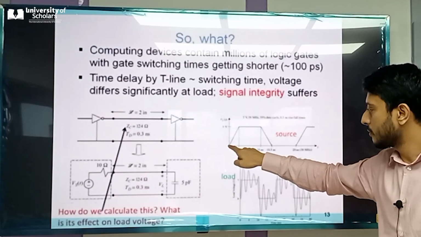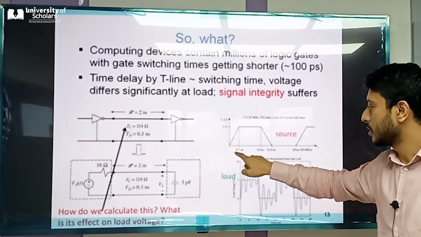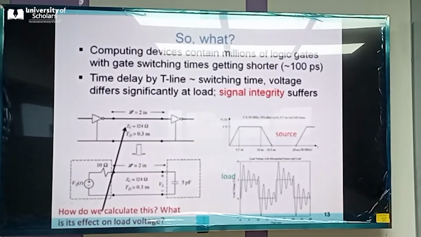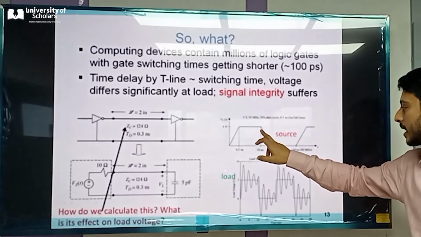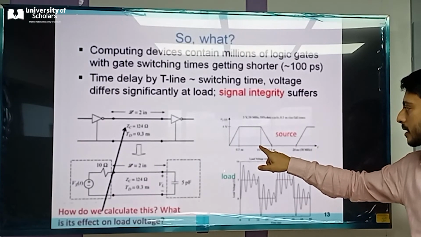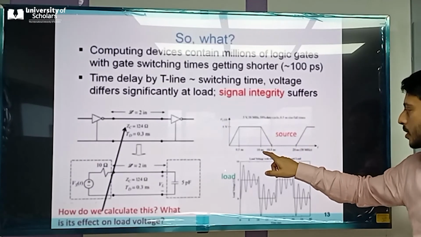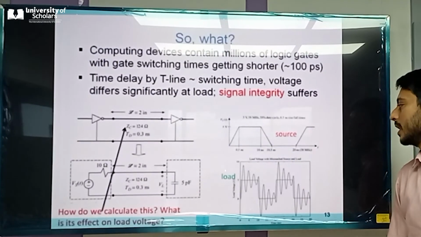So to switch from 0 to high, there is a time delay, which is 0.3 nanosecond. And then the signal becomes high for some time. And then again, at this point, the signal shifts from 1 to 0. So there should be another delay over here of 0.3 nanosecond.